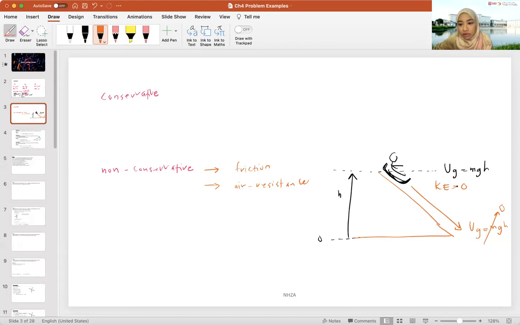But UG was not 0. So as he moves down the sled, he is losing mgh. At this point, he has mgh over 2. At this point, his UG is mgh over 3, maybe. So his UG is slowly decreasing as he goes down the sled.